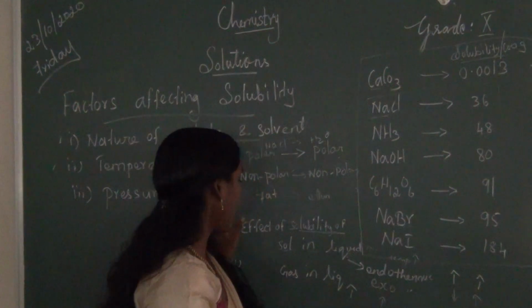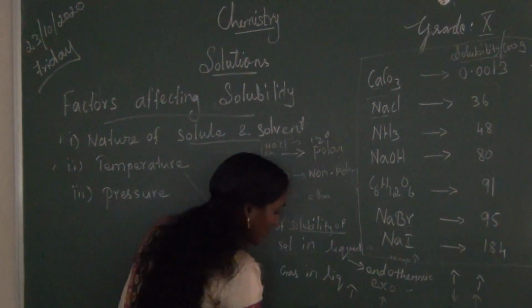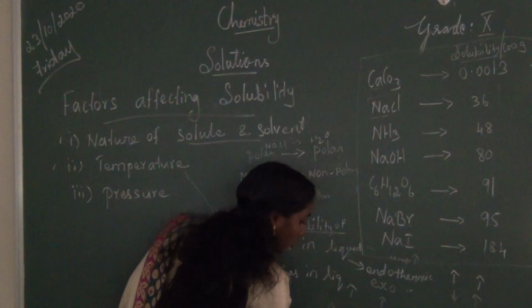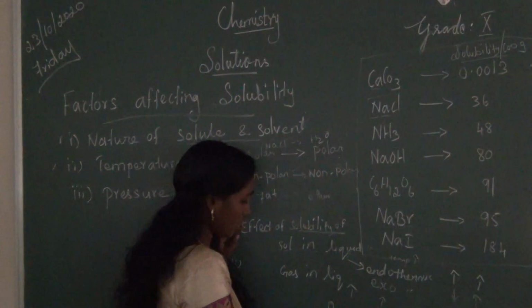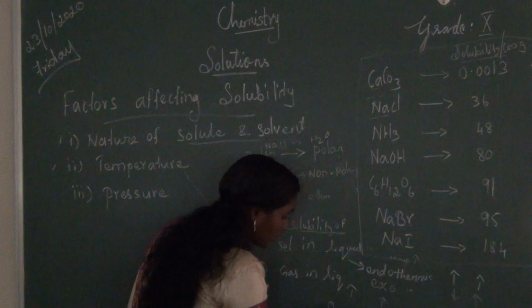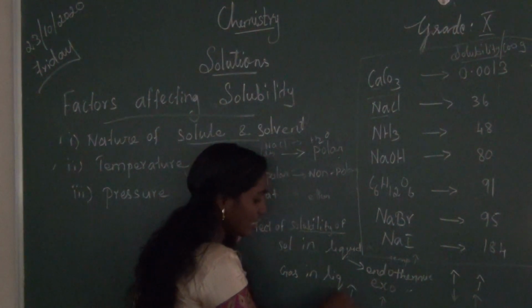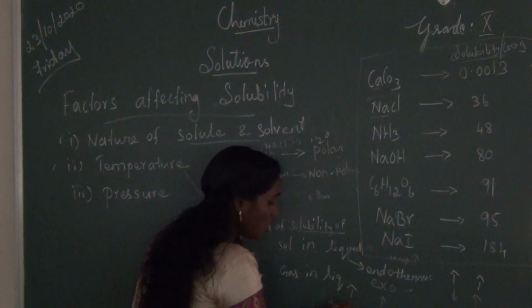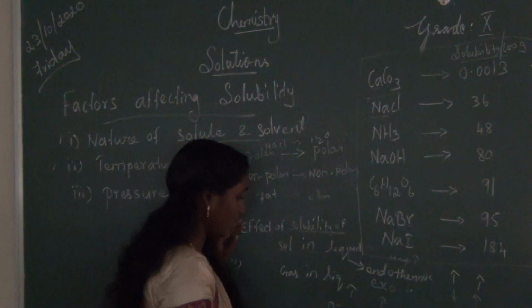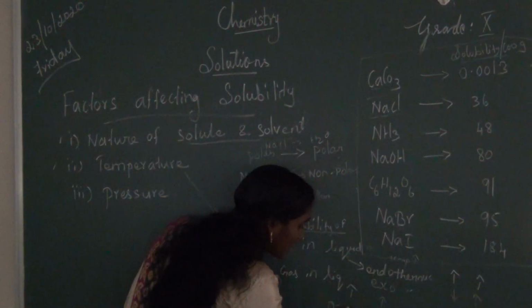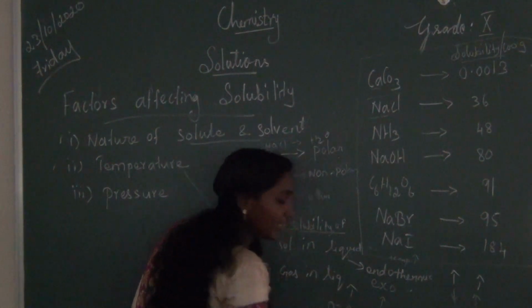Why? Because in aquatic regions that water contains more dissolved oxygen. That more dissolved oxygen is present in the cold region, so aquatic animals live more in cold regions. So oxygen increases, temperature decreases.